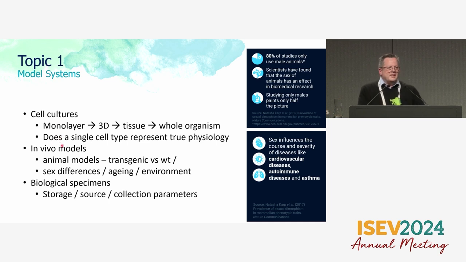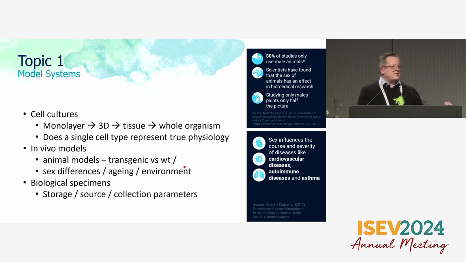So remember the limitations of the model system that you're using. And particularly using things like cell lines, does a single cell type represent the true physiology for the experiments you're doing, the kind of knowledge gap you're trying to fill? And in terms of in vivo models, we do a lot of work with rodents, for instance, some transgenic animals, wild type.